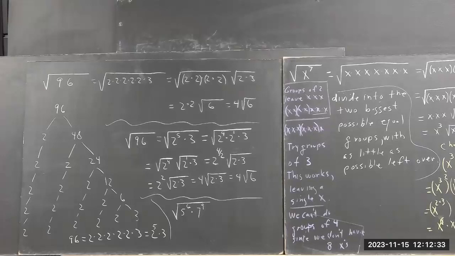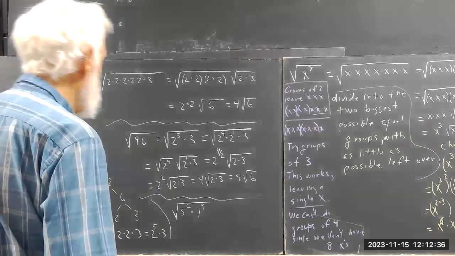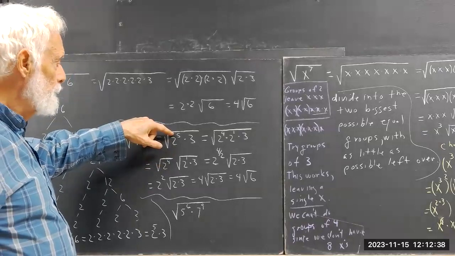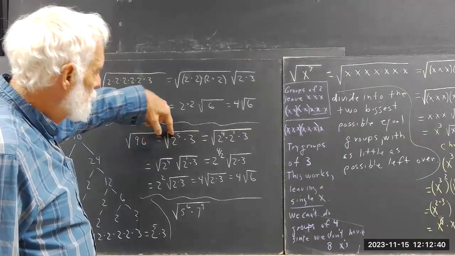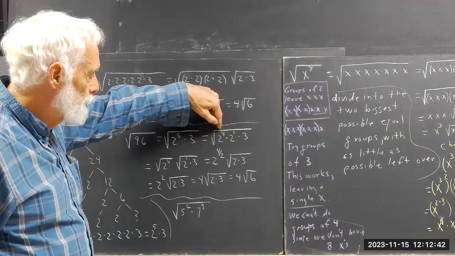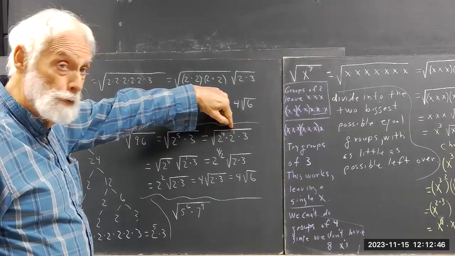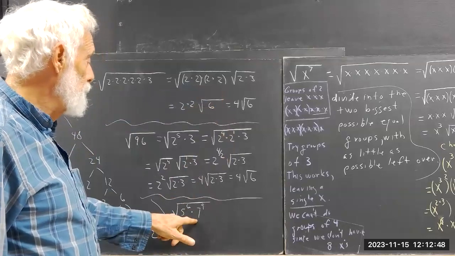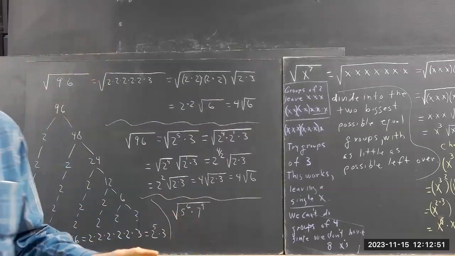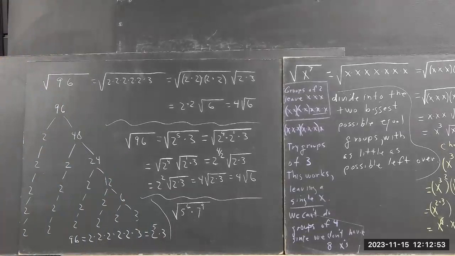Now, what did I do to 2 to the 5th? I wrote it as a product of the highest even power of 2 that I could have, then just times 2. Okay, what's the highest even power of 7 that you have from 7 to the 9th?